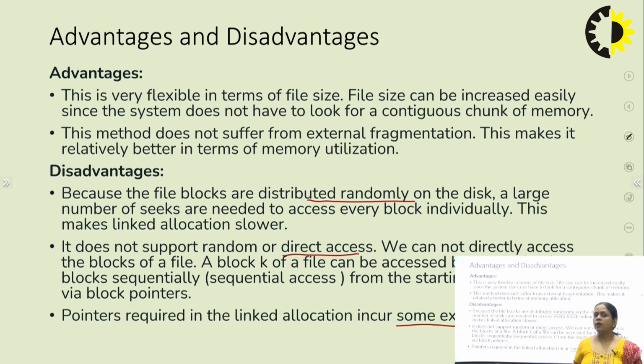So the main disadvantage of this technique is that we need pointers here, which increase the overhead of the technique. The main advantage is we can increase the size of the file, and we don't have external fragmentation here, but due to pointers, the overhead of the technique will increase.